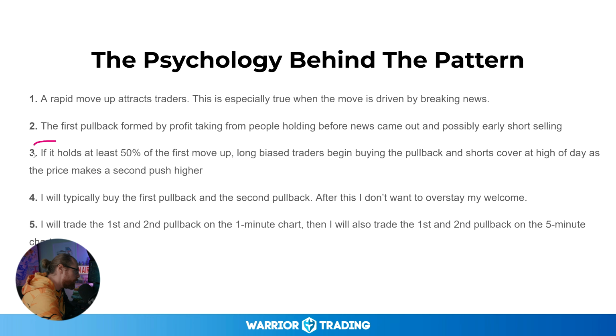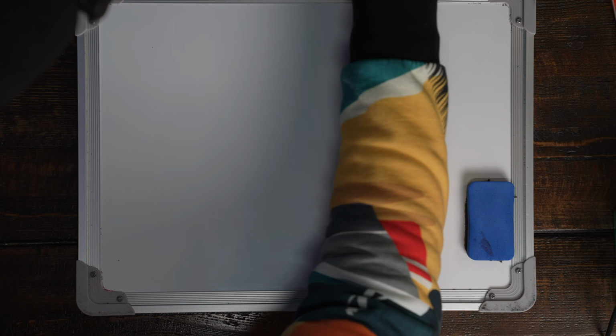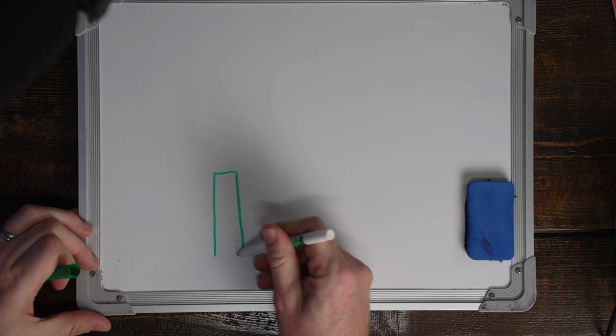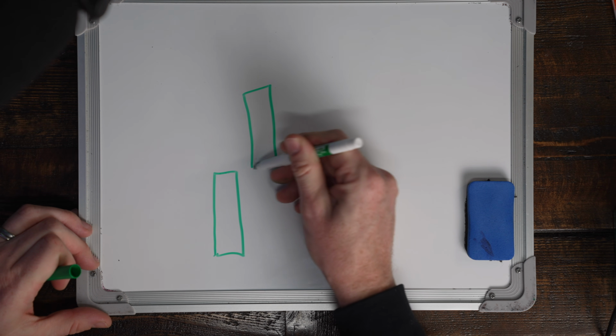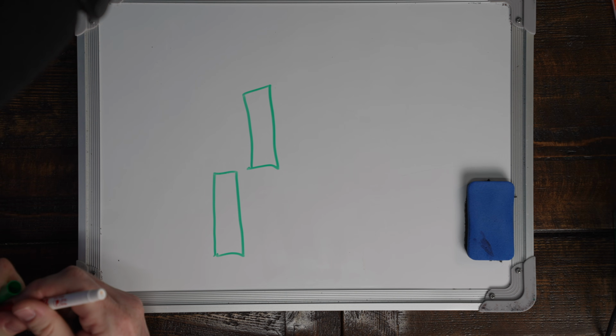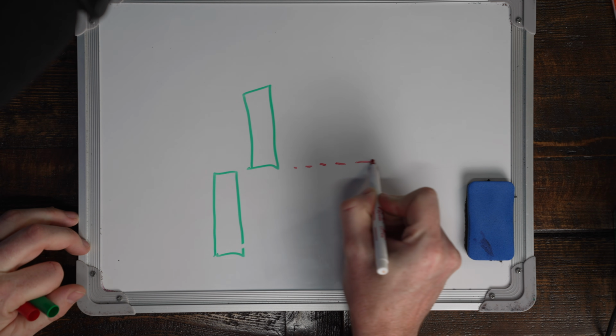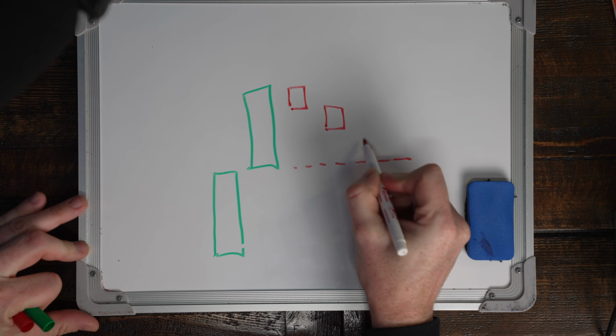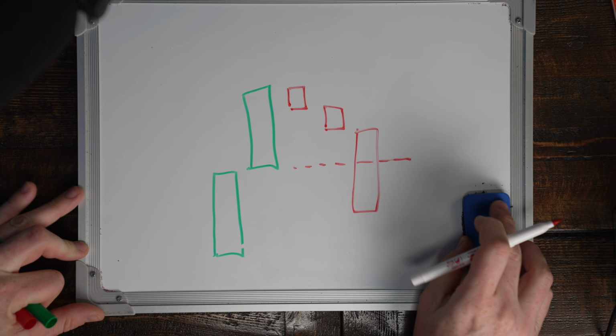But if the stock holds at least 50% of that first leg up, so that first leg up is created, right here, we've got the first leg up, boom, right there. So when this pulls back, our 50% line is right down here. So it's okay if it pulls back a little bit. We don't want to see it go like that. That's not good.